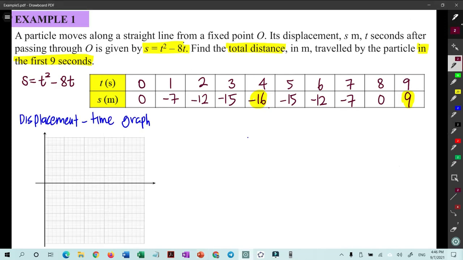We label the horizontal axis with t seconds, and the vertical axis we label with s meters, and this is the origin 0.